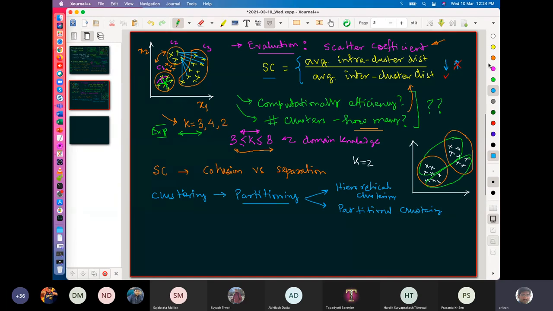Let me tell you the strategy, it is very easily understandable. Suppose you are given a set of data points in your hand. You compute the distance between each pair of data points, and the nearest pair you merge. Merging means these two form one cluster.